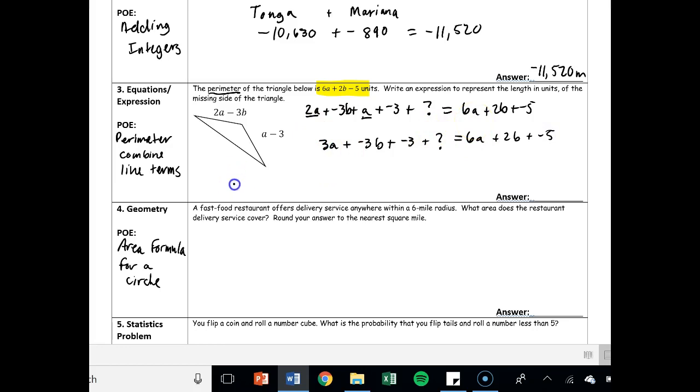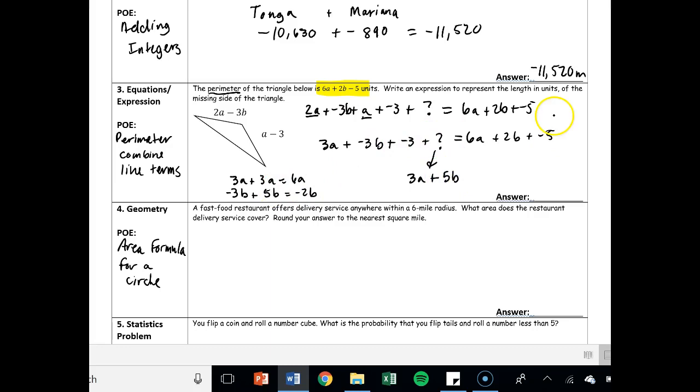Well, 3a plus 3a equals 6a. So this question mark is what we're solving for right now. It's going to be 3a. Plus negative 3b plus what gives you 2b? So negative 3b plus 5b would equal 2b. So the 5b is our other missing side.